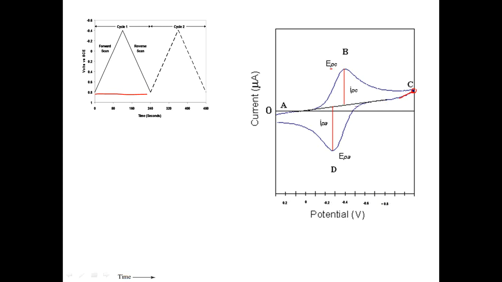But when it reaches the E half value, the reverse of reduction occurs: the reduced species obtained in the above reaction undergoes reoxidation and the oxidized species is generated. This generates the anodic current, and the anodic peak potential is obtained here.